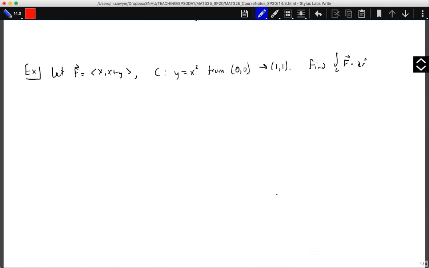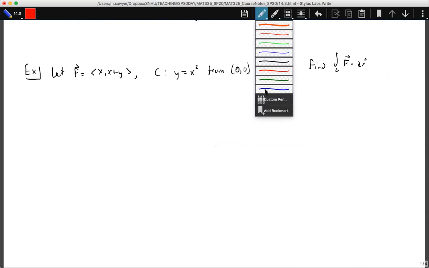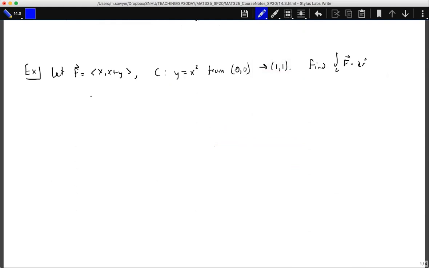So let's let capital F be the vector field x comma x plus y, and let C be the curve y equals x squared, starting at the point 0, 0 to the point 1, 1. And we want to find the integral of F dot dr. So when we look at this curve, the first thing we have to do is parameterize our curve.